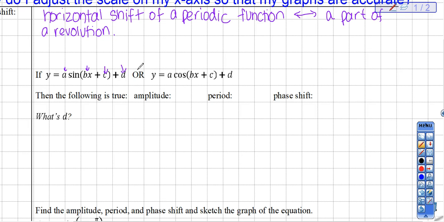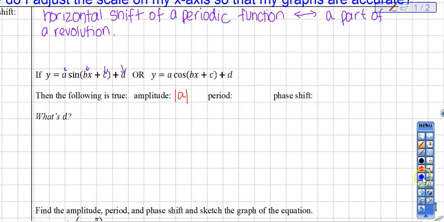And each of those variables performs a different action on your function. We know that the A term affects your amplitude. And again, you'll remember that that's the vertical distance from the midline of the sine or cosine function to the peak of the cosine or sine function.